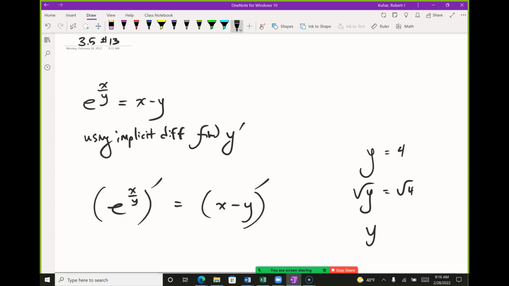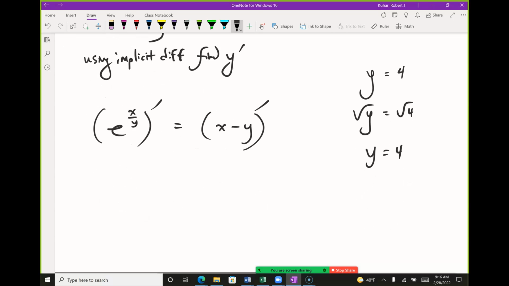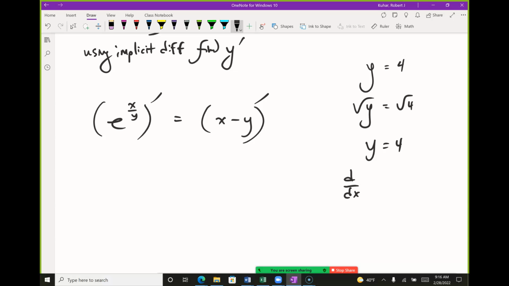If I have y equals 4 and I use the operator d/dx, I want d/dx of y equals d/dx of 4, okay? So you have to show me that. This is just a little side note on some of your notation. If you're taking a derivative, tell me what you're taking the derivative of. If you're taking a square root, etc., you know what I mean now, right?